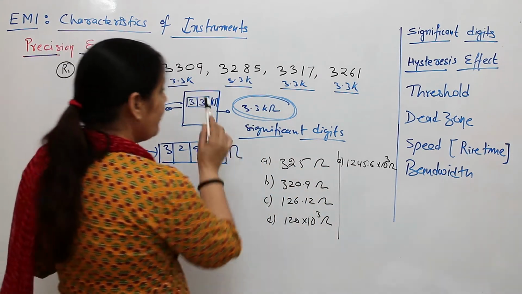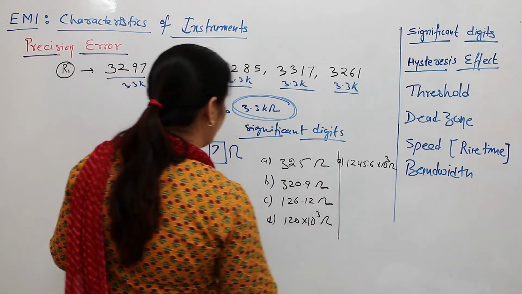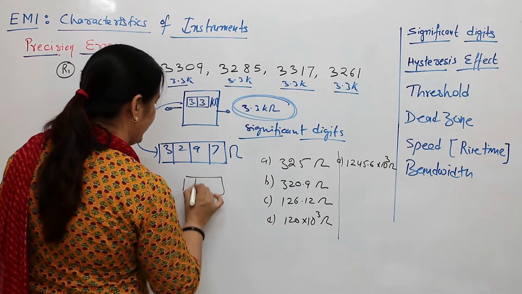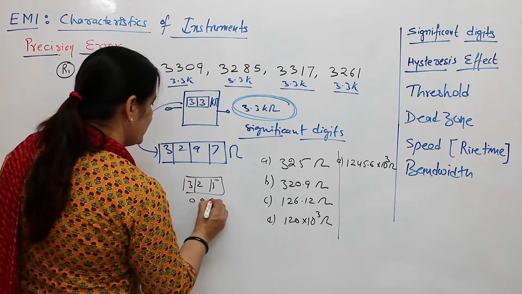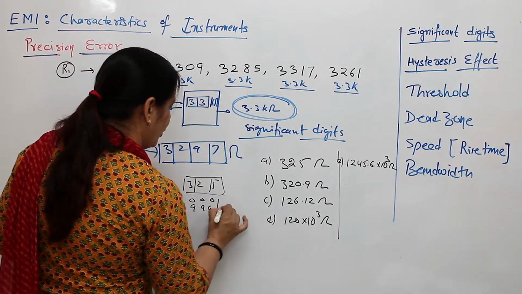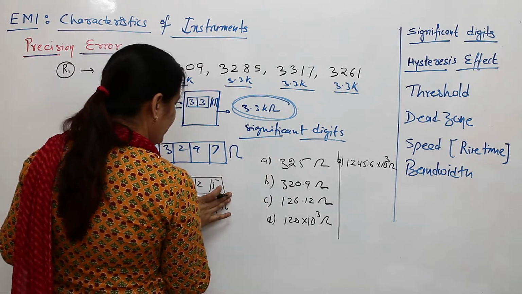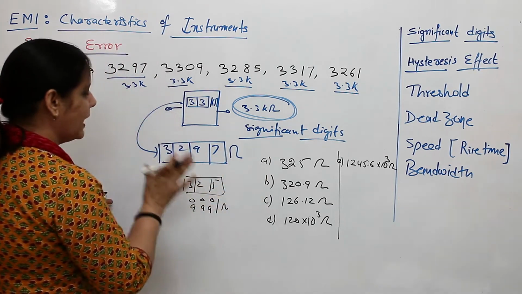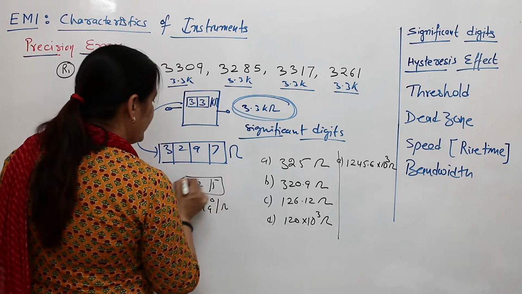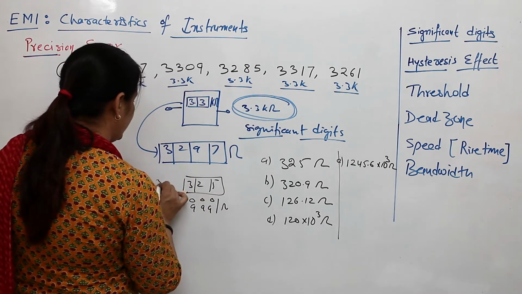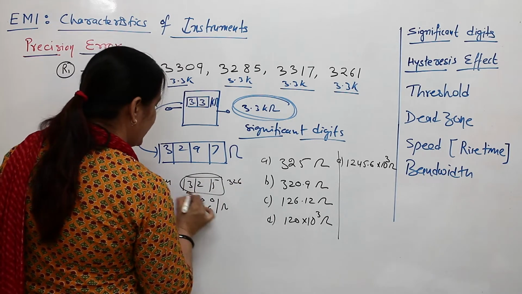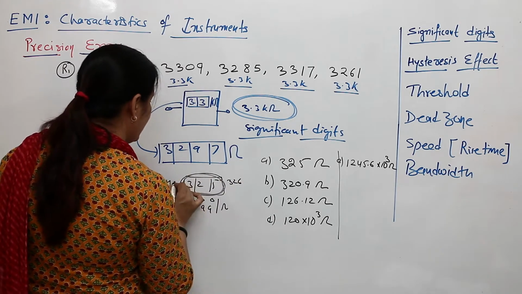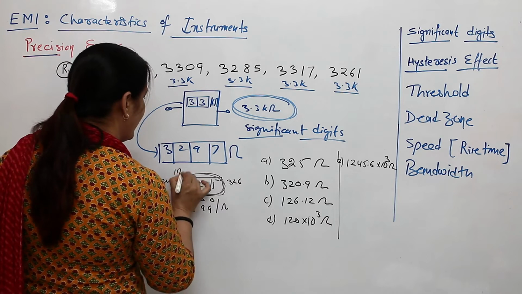If your display system has 3 significant digits like this, 3, 2, 5, it means you can measure 0.002 ohm with this measuring unit, and whatever reading comes, you can tell it is nearer to 325 compared to 324 and 326. You can differentiate your readings by a difference of 1 ohm.